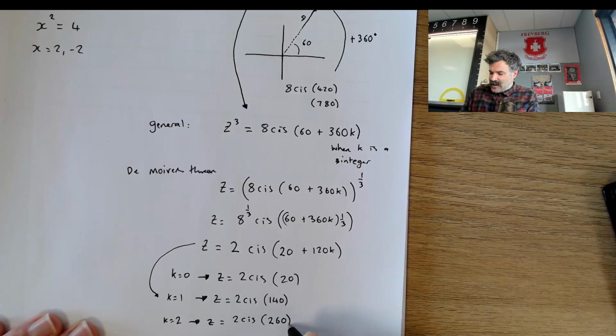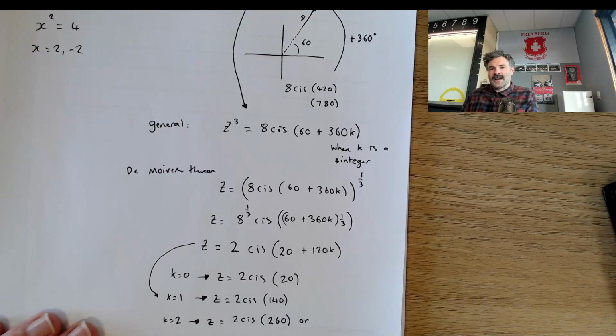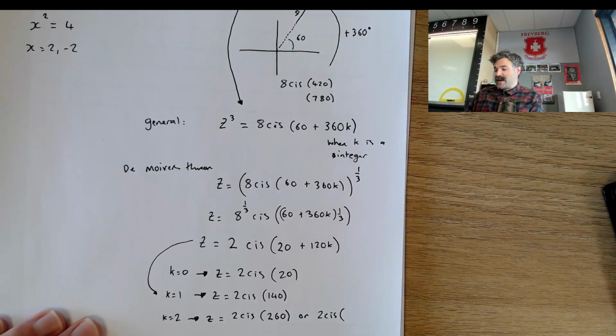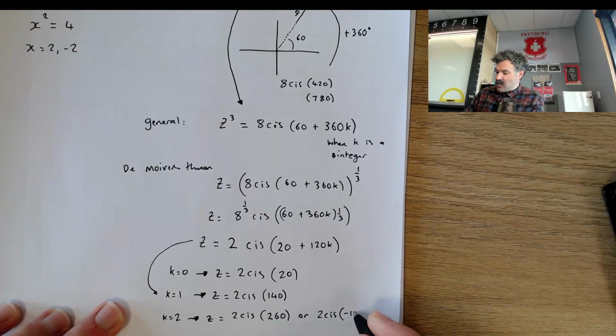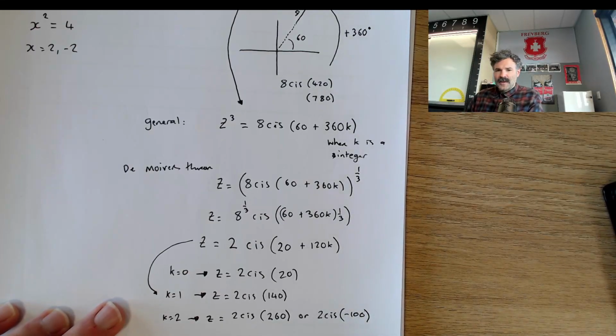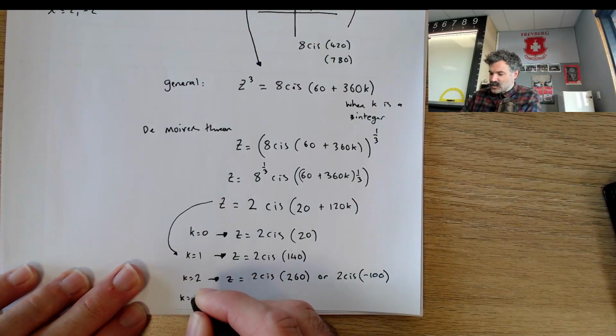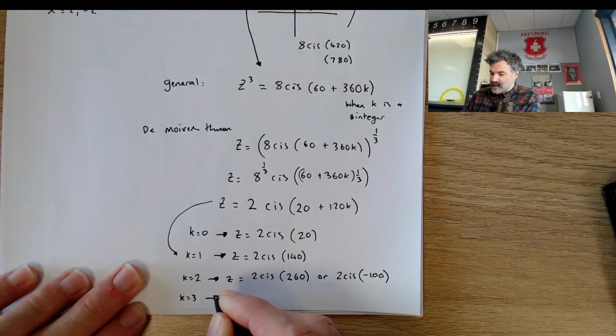260. And remembering back how we don't like these numbers to be bigger than 180. So going backwards, this is going to be 2 cis of the remaining to get to 360, which would be negative 100. Now you may be asking, what happens if I accidentally did a third one? K equals 3. Let's see what happens.